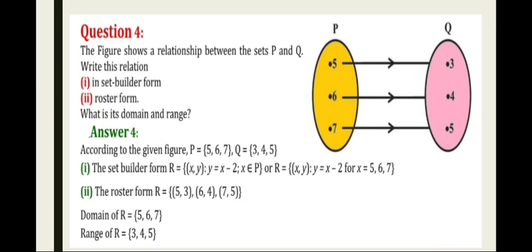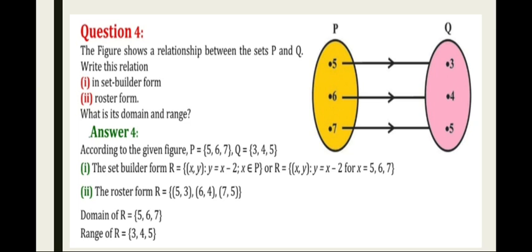So, this relation in set builder form will be R is the collection of ordered pairs (x, y), where y is equal to x minus 2, and this x belongs to P and y belongs to Q. So, in this way you have to write it in set builder form.